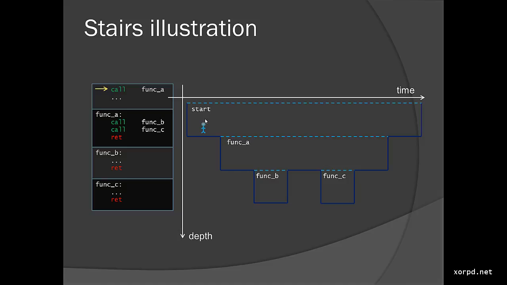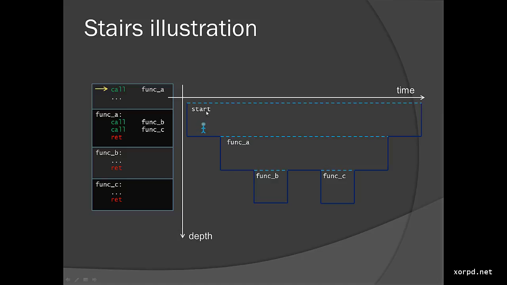What we see here is a description of the time we spent inside every function. Theoretically, we spent all of our time inside the start function, if we can even call it a function. But this is just an illustration.